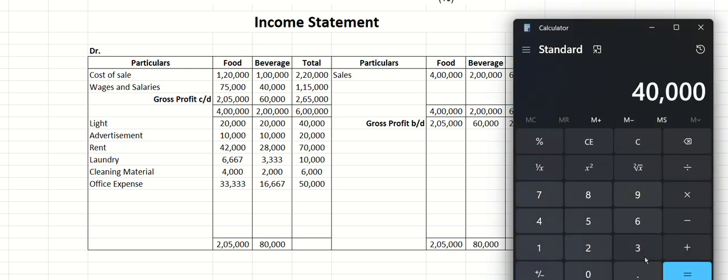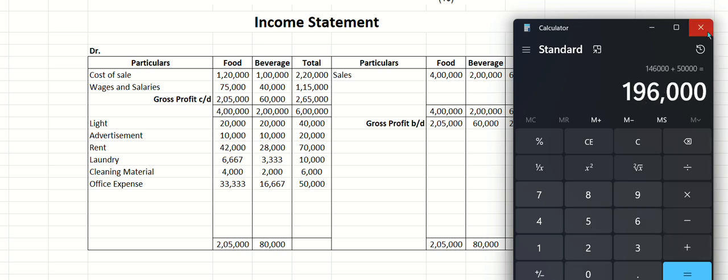The total light expense was 40,000 plus the total advertisement expense was rupees 20,000 plus the total rent paid was rupees 70,000 plus the laundry expense was rupees 10,000 plus cleaning material was rupees 6,000 plus office expense was rupees 50,000.